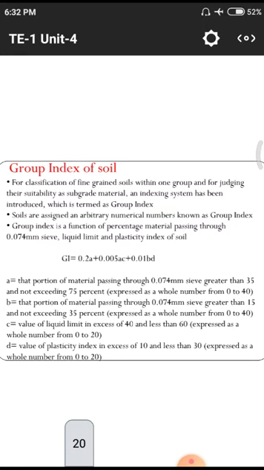Okay, the first two terms range is 0 to 40. After that, A and B are 0 to 40 and C and D lie between 0 to 20. A and B are related to sieve analysis, C is related to liquid limit, D is related to plasticity index.